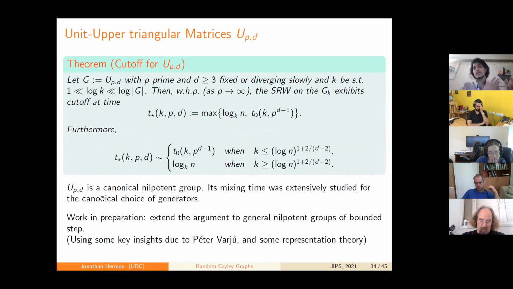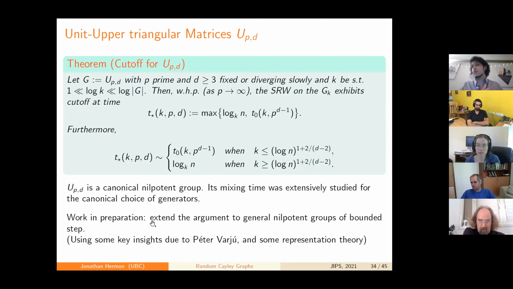And when the dimension is 3, this is just the Heisenberg group. So this, in the random walk community, has served as the canonical example of a nilpotent group to study the behavior of a random walk on. But this was done in the case of a canonical choice of generators, whereas we're looking at the typical case, a random set of generators.